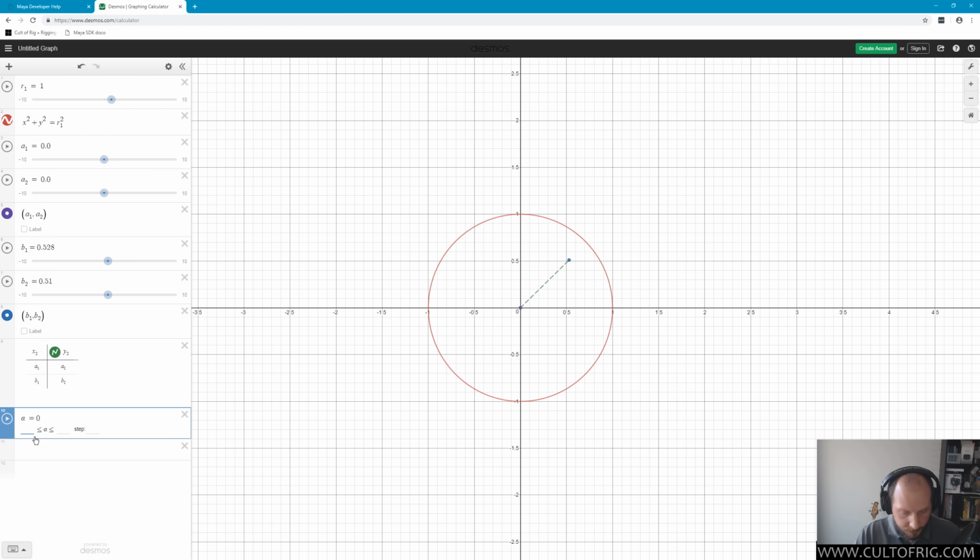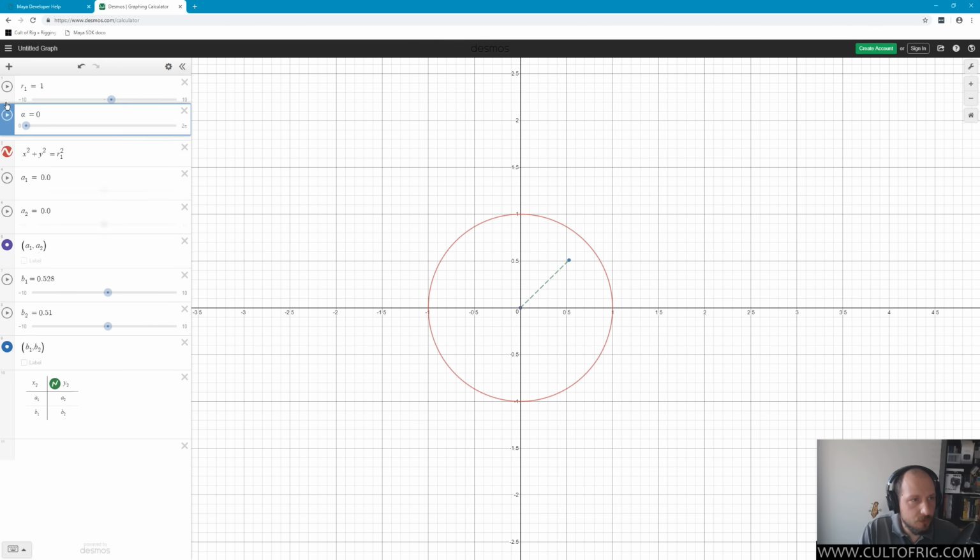You can type things like pi, so we could say this is going to be from minus pi to pi, which is the periodicity of most trigonometric functions. Or if you want to loop around, it goes from 0 to 2 pi, and that's going to be our full circle, basically. So we move that up.